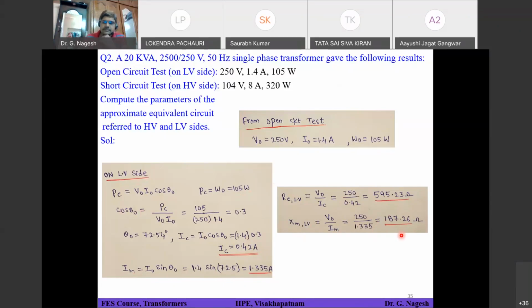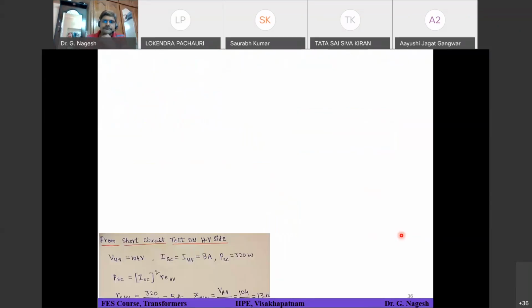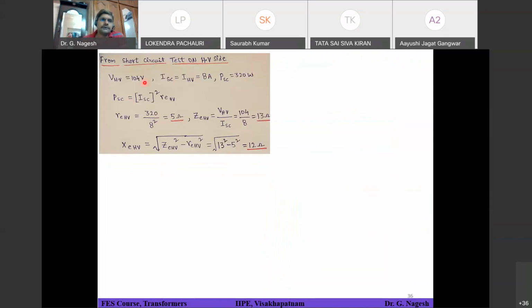Okay, so let's see that. Short circuit test on the HV side: VHV is 104, ISC is 8 amperes, PSC is 320 watts. Power is equal to I square into R. If you use that formula, you can calculate the equivalent resistance on the HV side. This will give you the complete resistance referred to the HV winding, REH.